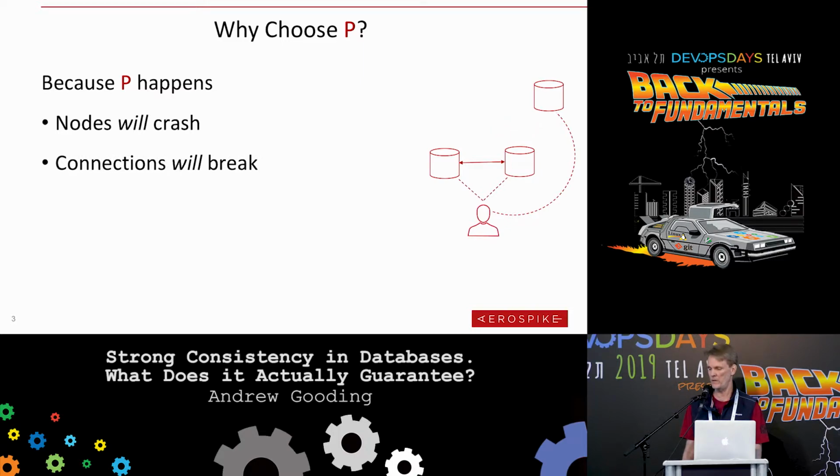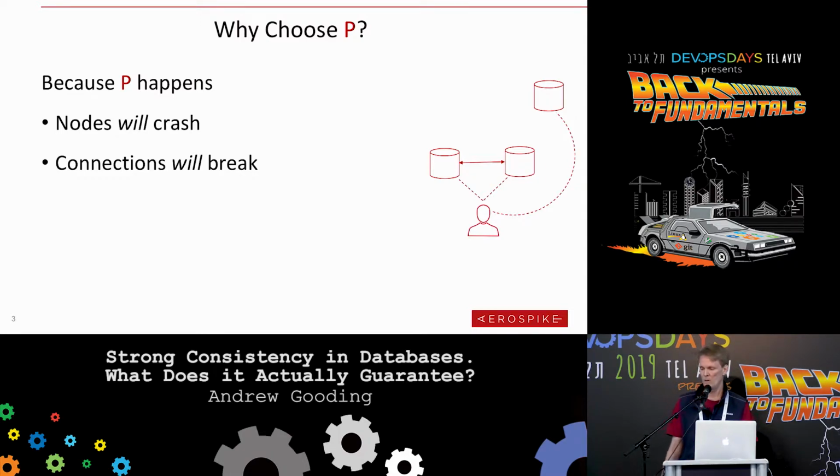And also, any of you that have any experience with networks know that connections are not perfect. Eventually, something's going to happen, connections will break. And usually when people are discussing CAP and cluster partitions, this is kind of what they're talking about. They're talking about split brain scenarios, where some of the cluster can't see the rest of the cluster, or the clients can't see the cluster server nodes.